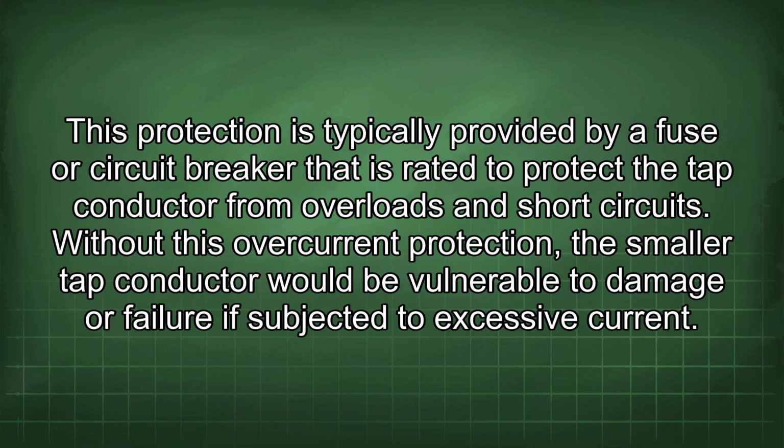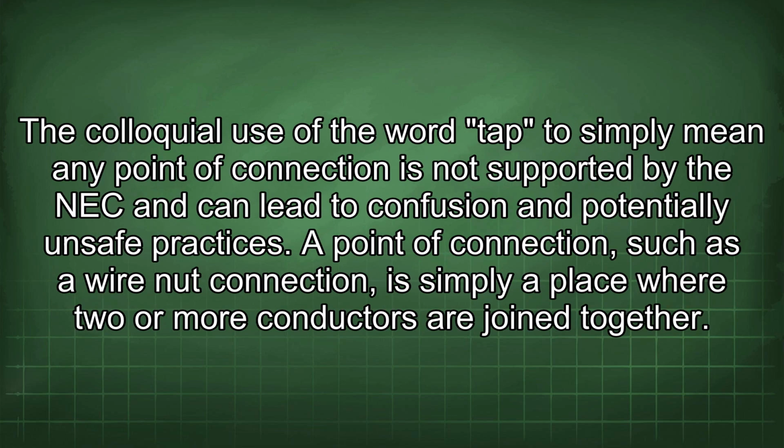This protection is typically provided by a fuse or circuit breaker that is rated to protect the tap conductor from overloads and short circuits. Without this overcurrent protection, the smaller tap conductor would be vulnerable to damage or failure if subjected to excessive current. The colloquial use of the word tap to simply mean any point of connection is not supported by the NEC and can lead to confusion and potentially unsafe practices.